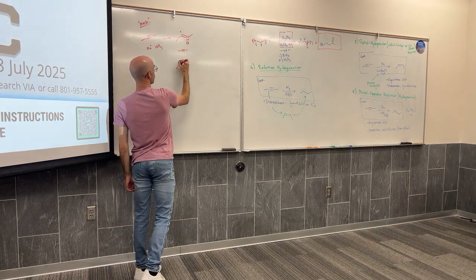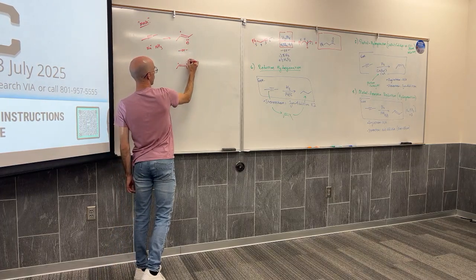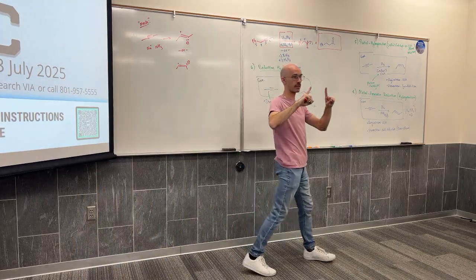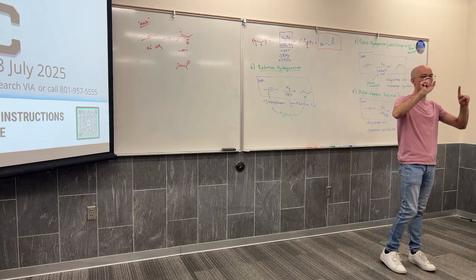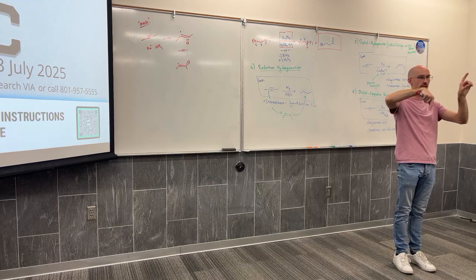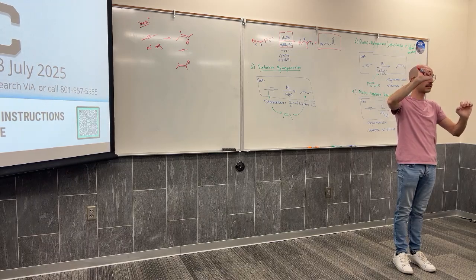And there's actually 2 configurations that this can show up as. It can show up as a cis configuration where the lone pair and the radical are adjacent to each other, or it can show up as a trans configuration where the lone pair and the radical are anti.